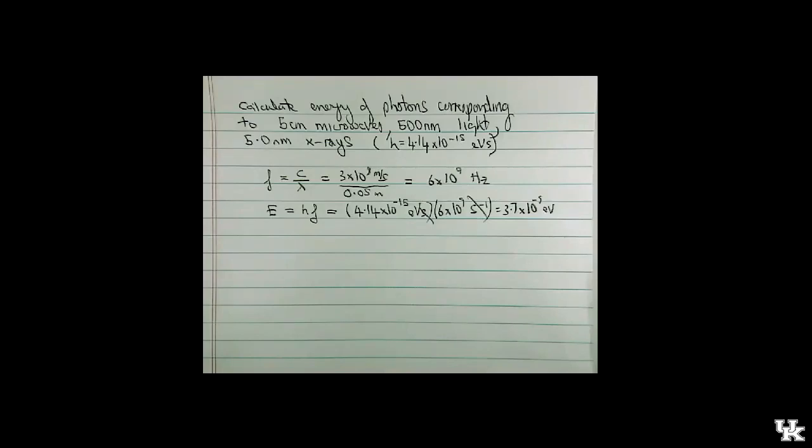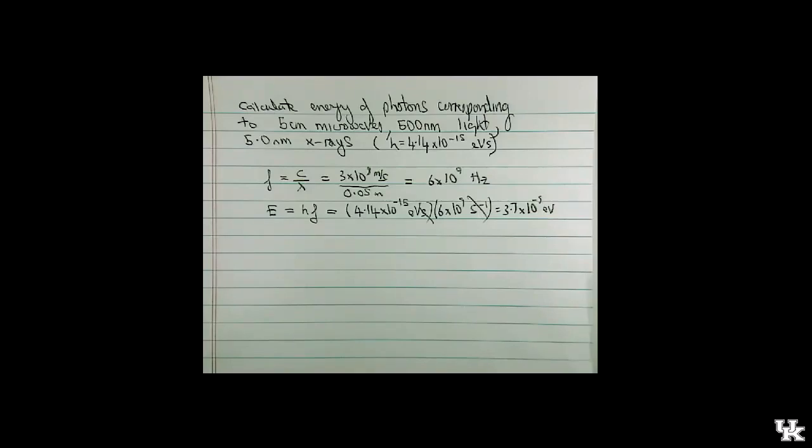One was visible light, where the wavelength was 100,000 times shorter than these microwaves. And the other one was X-rays, where the wavelength was 10 million times shorter than these microwaves.